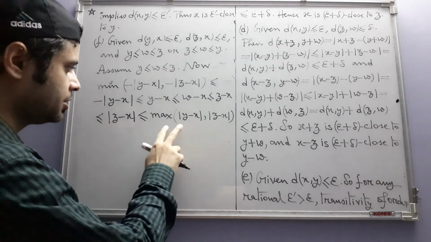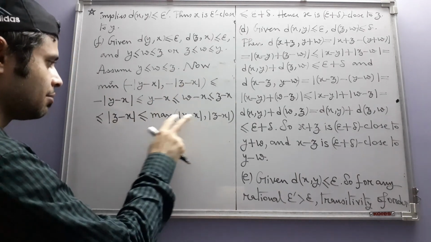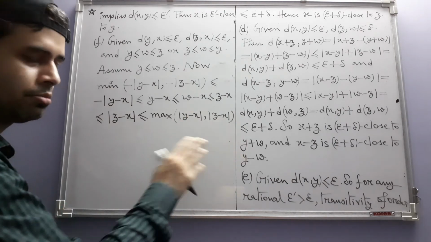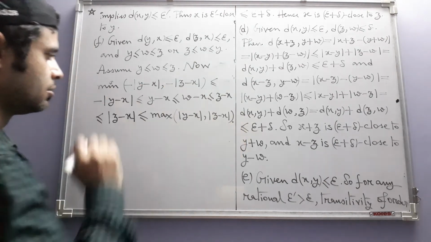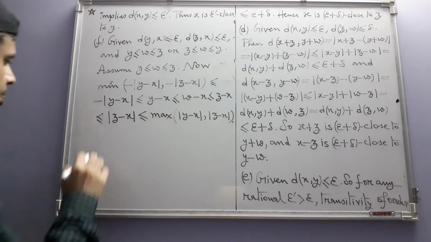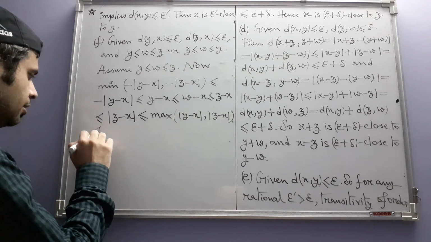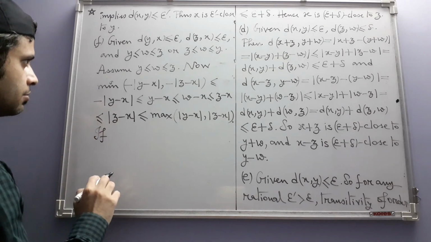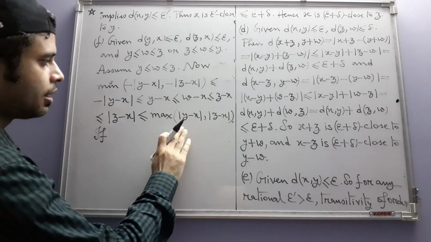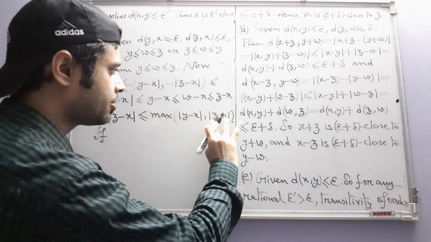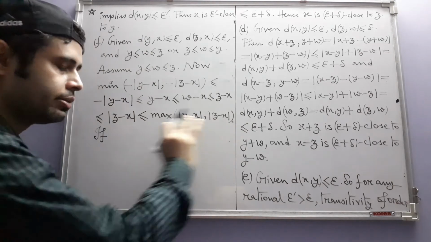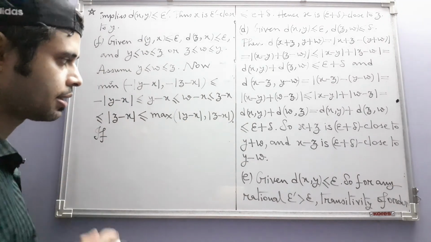Because by definition the maximum, just like this one, the maximum is greater than or equal to both the things. Now either this is less than or equal to this or strictly greater than this. So two cases are arising.